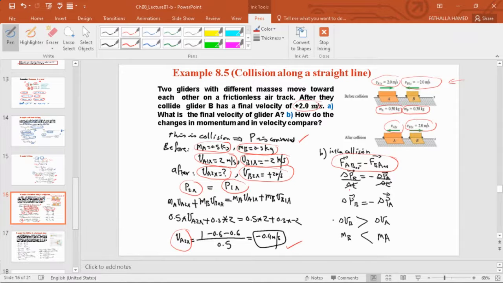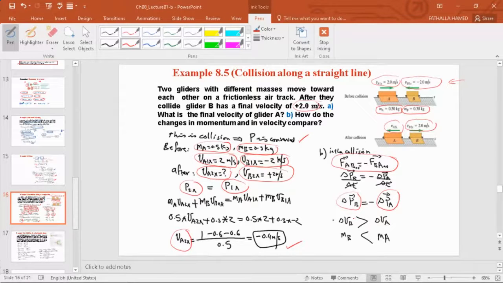The time is the same for both of them, so the change in momentum of B should equal minus the change in momentum of A. So for the change in momentum for both A and B, one is the negative of the other.